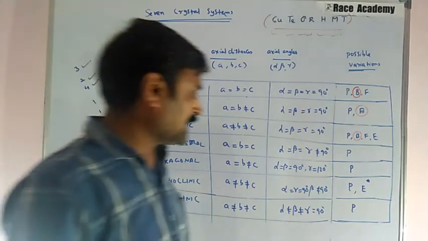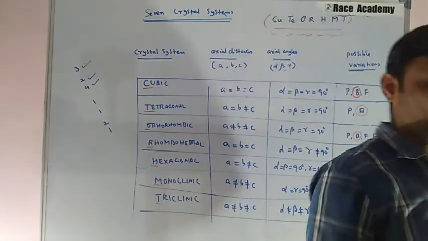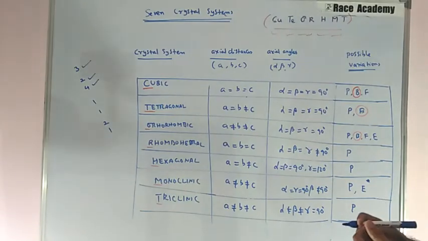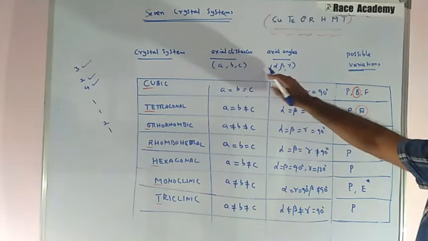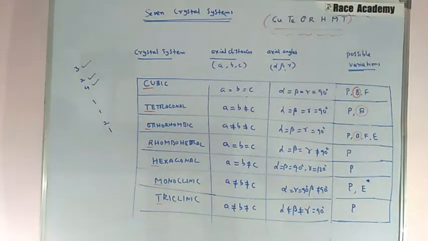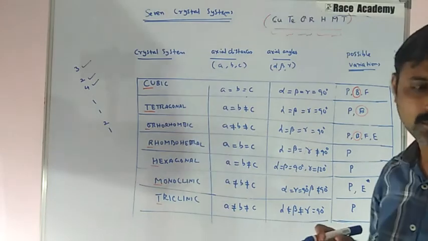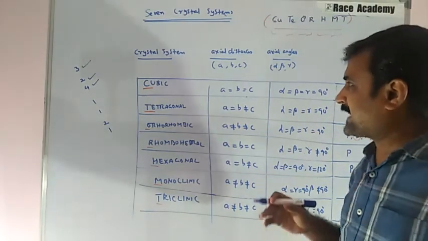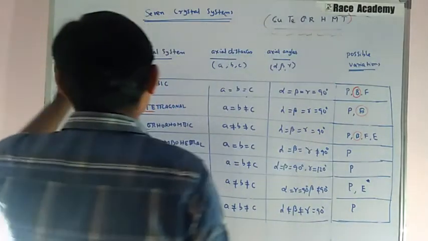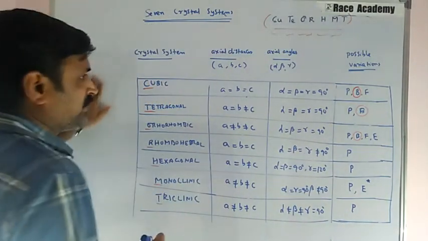In this manner, if you construct the table and start practicing, you will get an idea of the relation between a, b, c and alpha, beta, gamma. That type of question you can definitely answer in the examination. I hope you will practice like this and remember the number of possible variations.